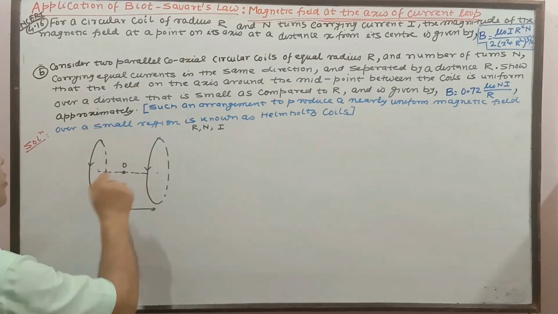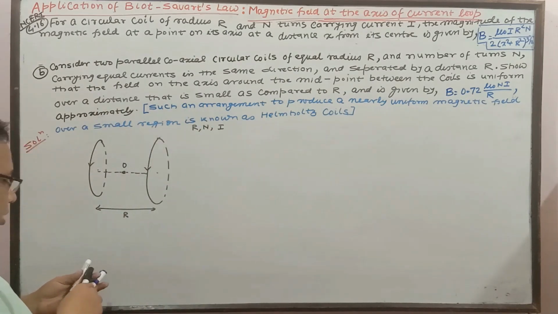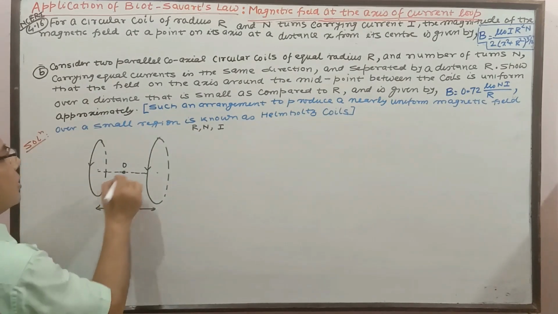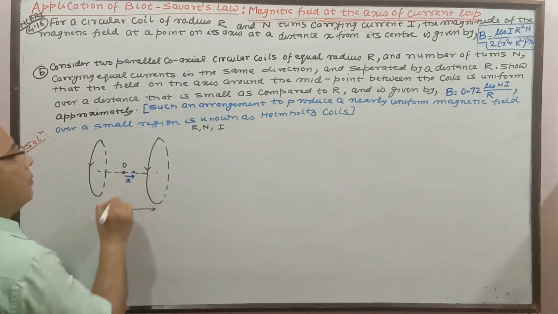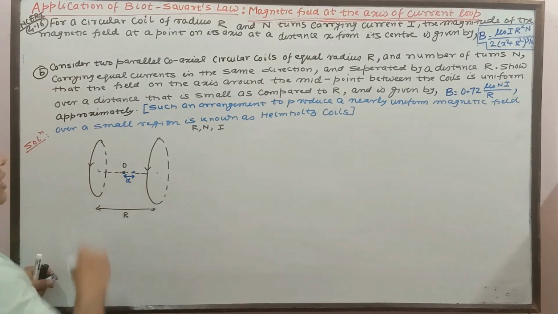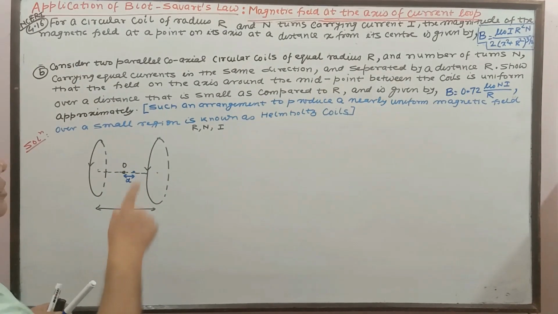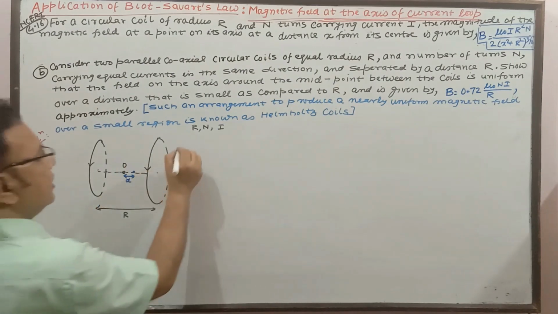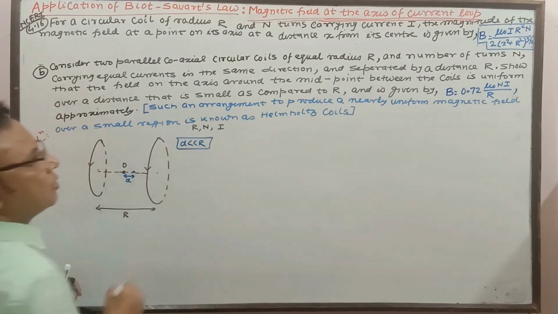We have to show the field is uniform over a small distance that is small as compared to R. So let us assume up to a certain distance, say D, up to this point. We have to show that the field is uniform or constant. D is small as compared to R, which means D is much smaller than R. That is the condition given to us.